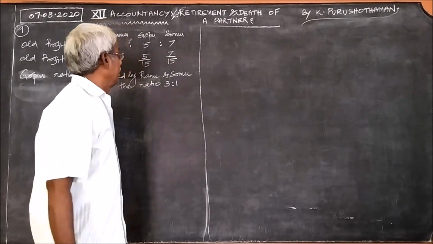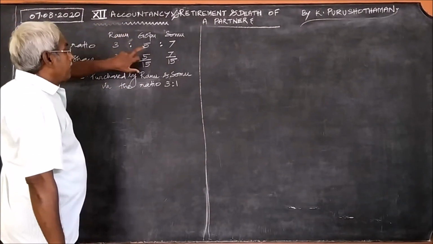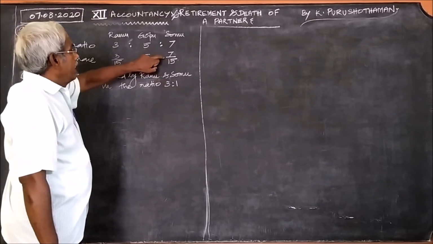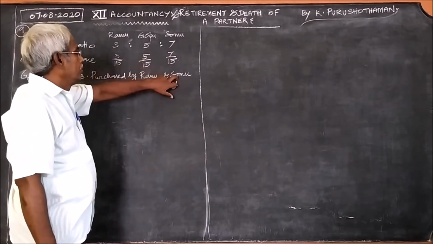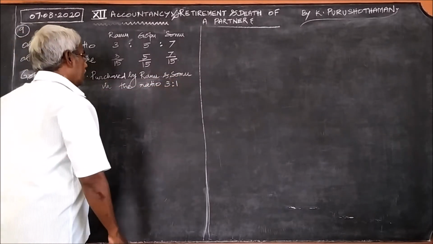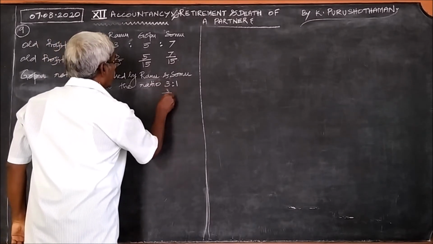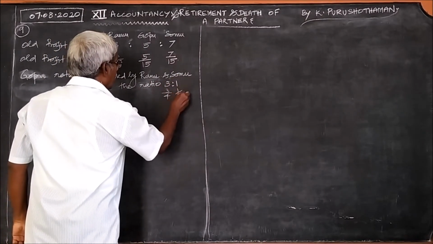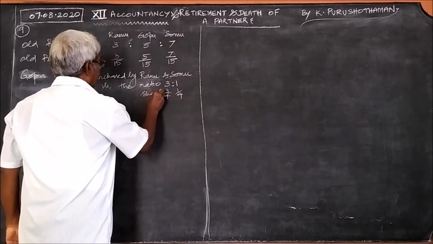This is the question given. Gobu retires and his share is taken by Ramu and Somu. In what ratio? 3:1. That means Ramu will take 3/4 and Somu will take 1/4.